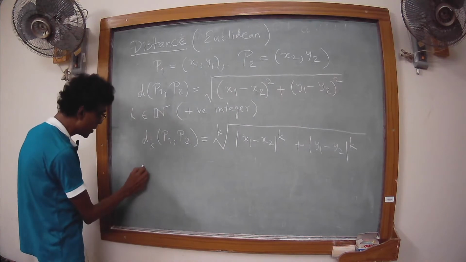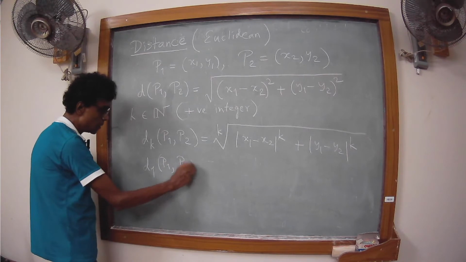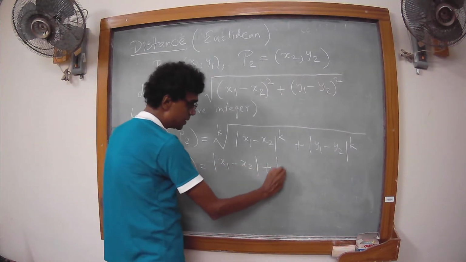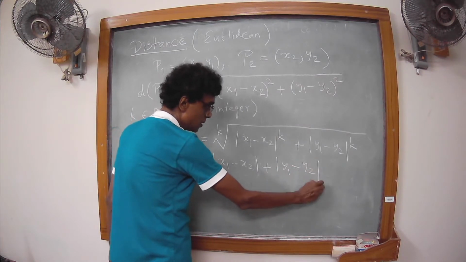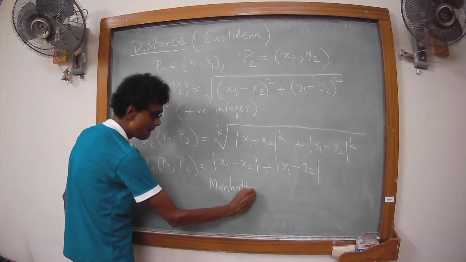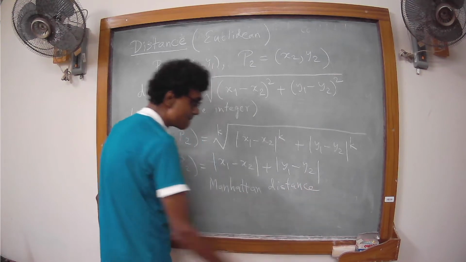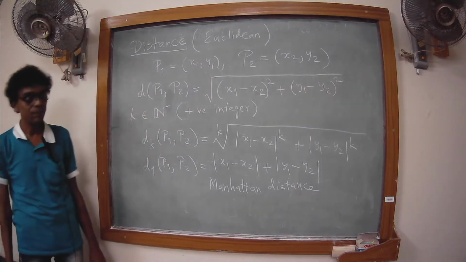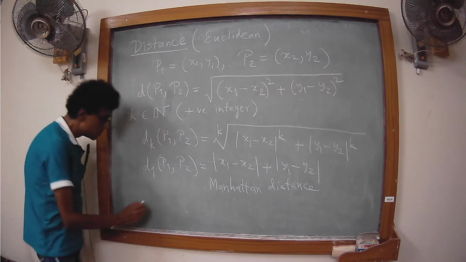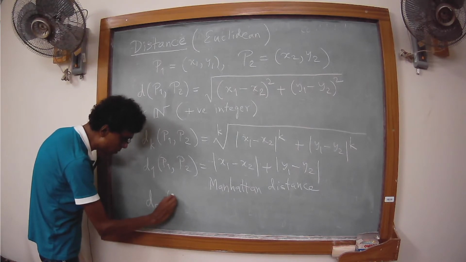In particular, if I put k equal to 1, which is nothing but this plus this, it is called the Manhattan distance. There is another notion of distance, d infinity(P1, P2).